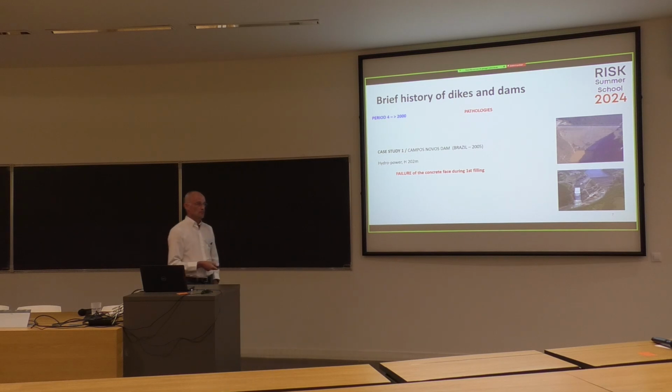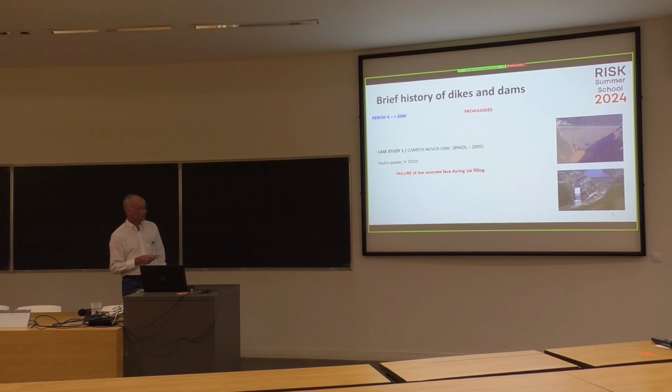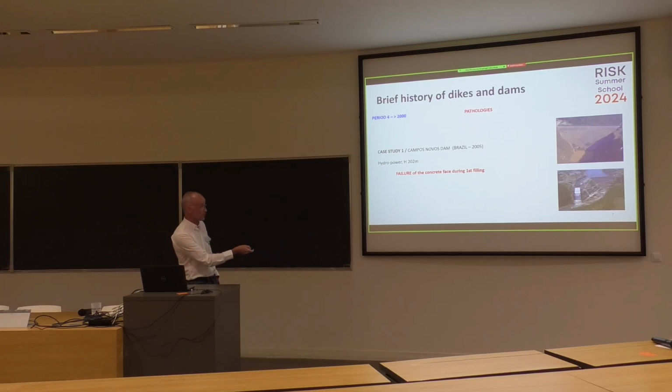But before starting the production of electricity, there was a failure of the concrete face in 2005 during the filling of the reservoir. 6 Olympic swimming pools of water passed through the dam. Okay, so you see the cracks here and mainly here. So the concrete face was repaired, and the dam is now in function.